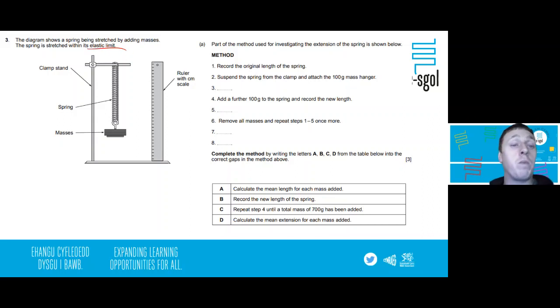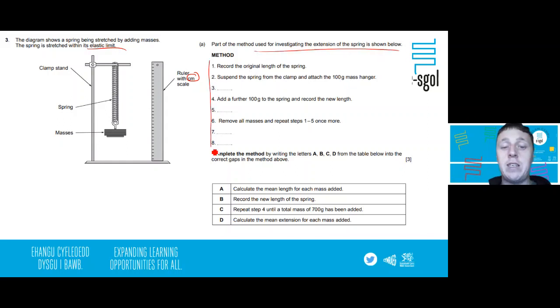That means the spring won't be damaged and you think it still obeys Hooke's law. The diagram clearly shows a clamp stand secured with a spring, a number of masses and a ruler placed off to one side, with centimeters being the unit. Part of the method is shown below.